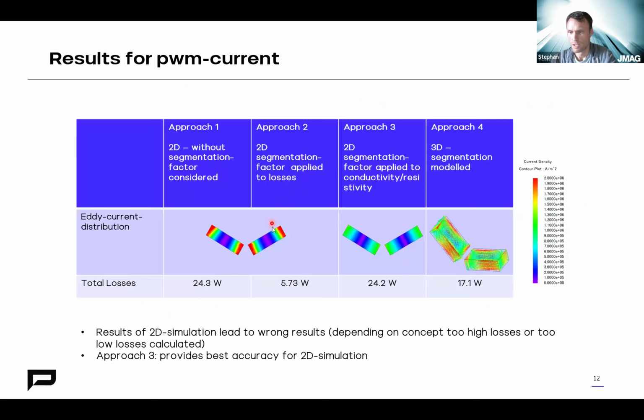With the PWM current, maybe let's start again with the 3D results of the 3D model. Maybe you remember, for the sinusoidal current supply, we had a value of 0.7 watt. Now with the PWM, we have 17 watt for this simulated part of the e-motor. So it's roughly 25 times the value of the sinusoidal current supply.